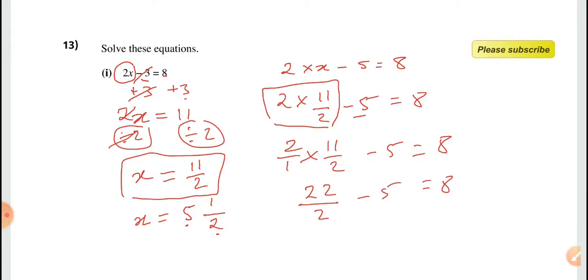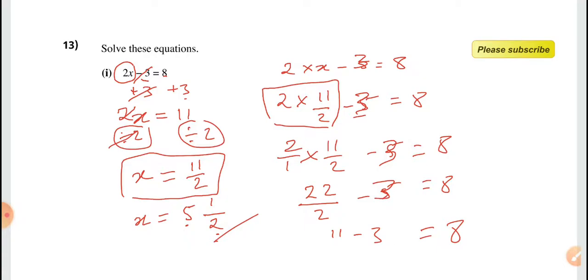So 22 divided by 2 is 11. Oops, it wasn't 5, it was 3. Take away 3. Just realize 11 take away 3 is indeed equal to 8. So therefore our answer is correct.